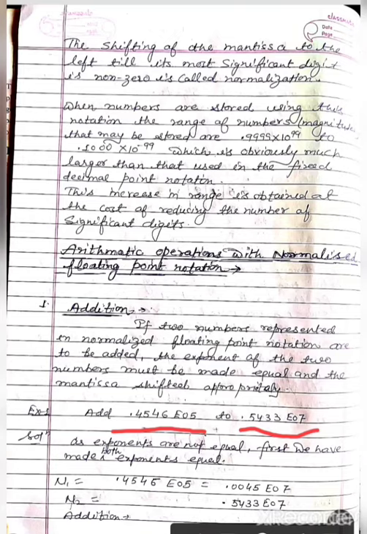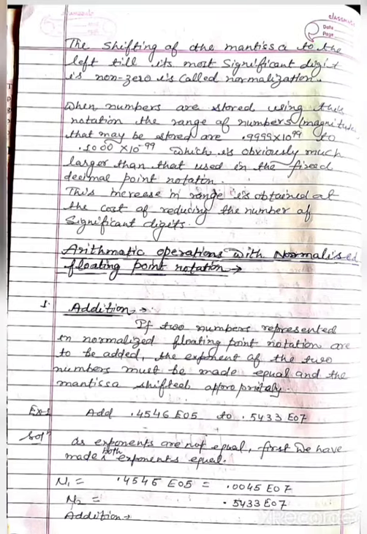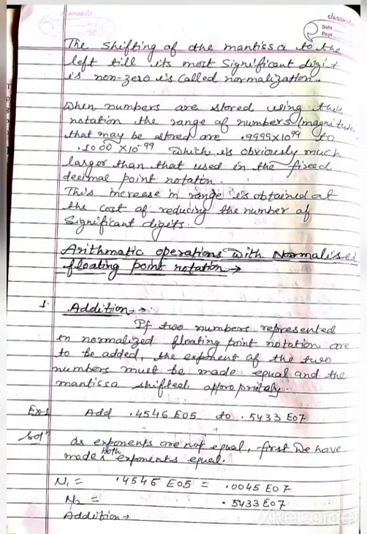So 0.4546 E05 can be written as 0.0045 E07, as we have to make the exponents of both numbers equal, and the second number is 0.4533 E07.